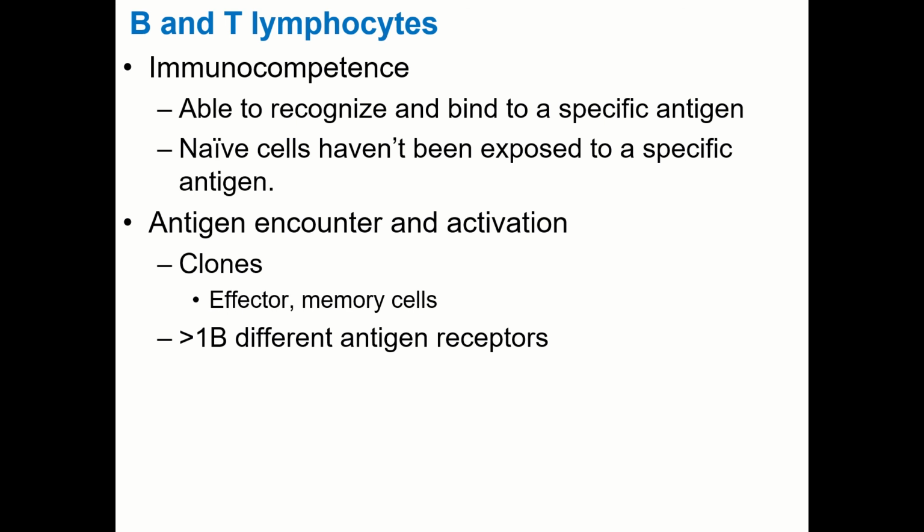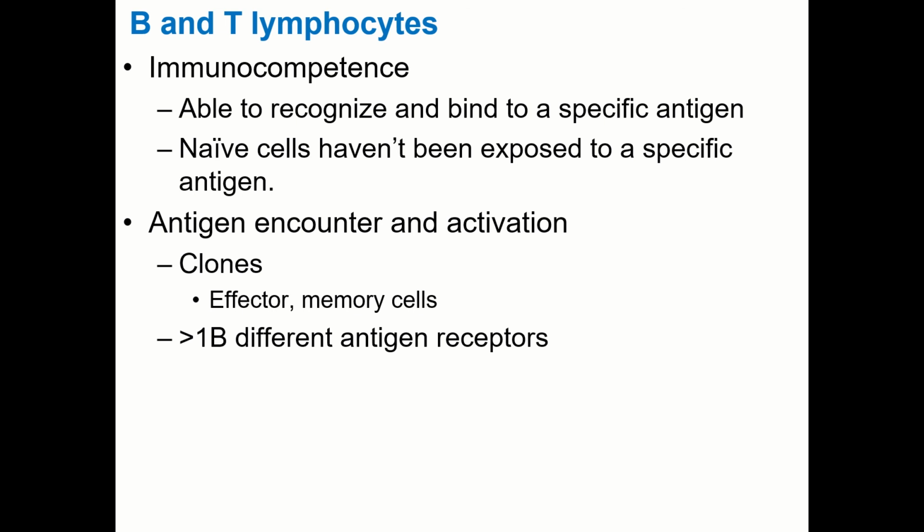And once they become active, then they make a bunch of copies of themselves. They make a bunch of clones. And then the clones that they make fall into 2 categories. There are effector clones that actually do something, and then there are the memory cells. So, for example, if we activate a B cell, the effector clones are going to be plasma cells, and the plasma cells are the ones that are actually going to make the antibodies.